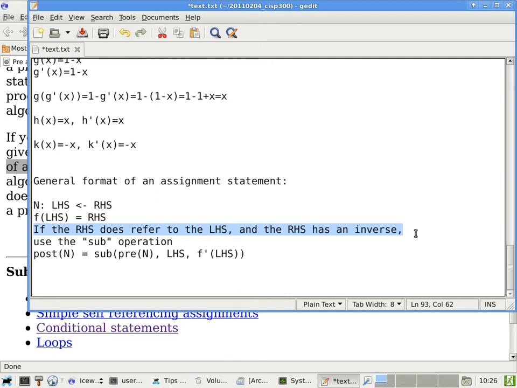The second condition means the right-hand side has to have an inverse, which means the function f itself has to be reversible. There has to be an inverse function to f that we call f prime. Because if it is not reversible, we cannot apply this rule.